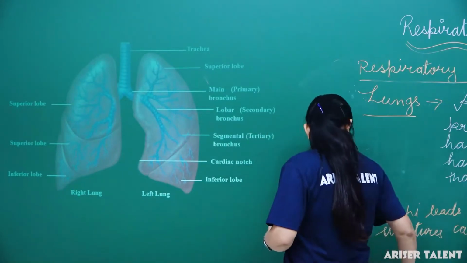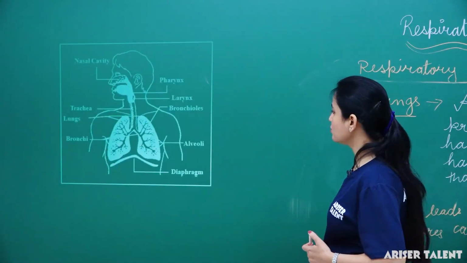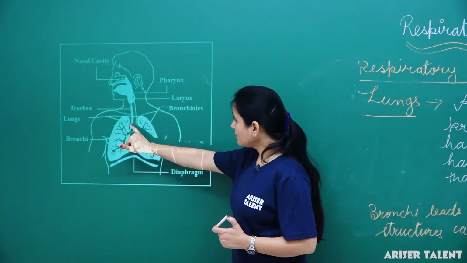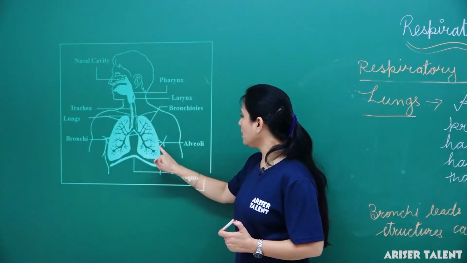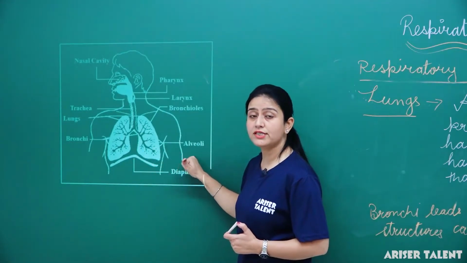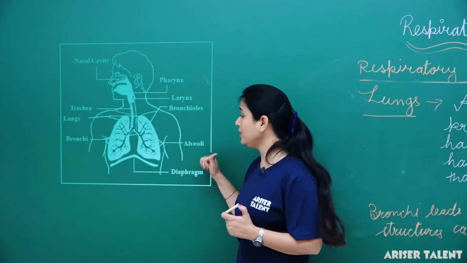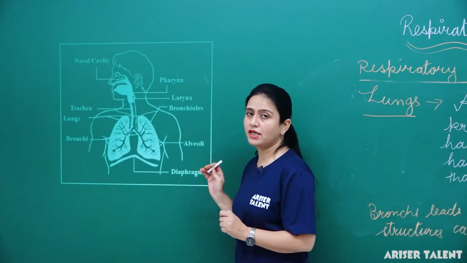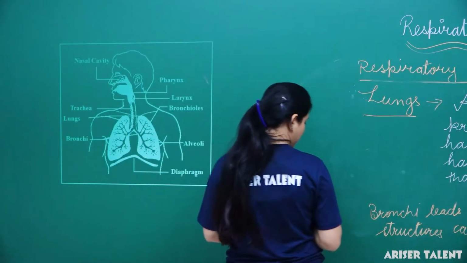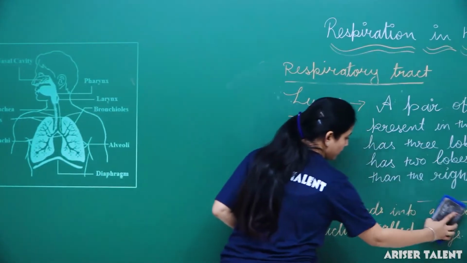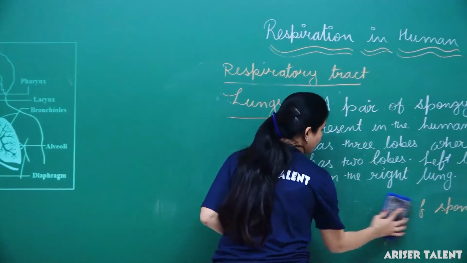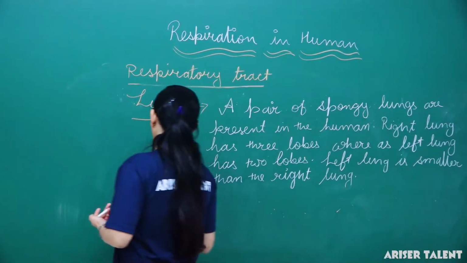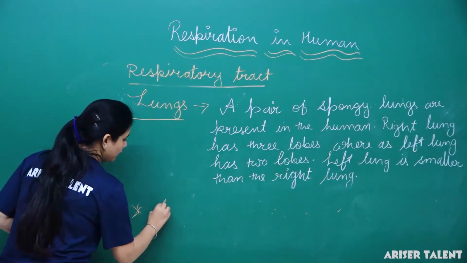As I showed you in the previous image, let's come to the previous image. Here we can see that these bronchioles open into the alveoli, and these alveoli are the main places of exchange of gases in the lungs. This is a very important point.